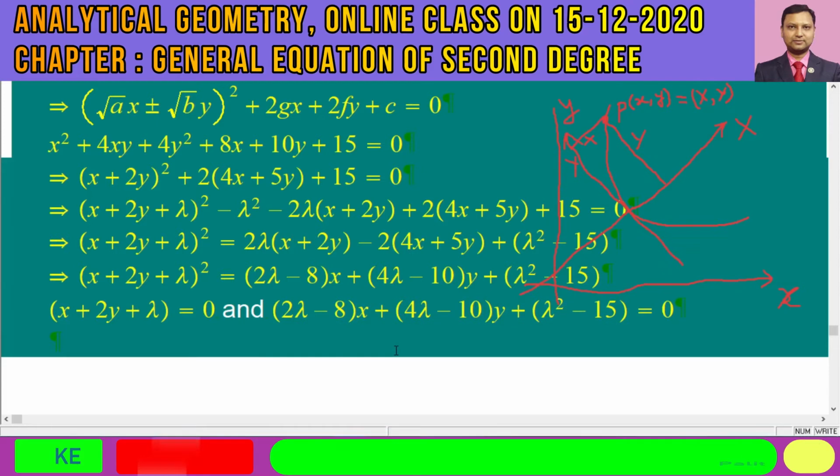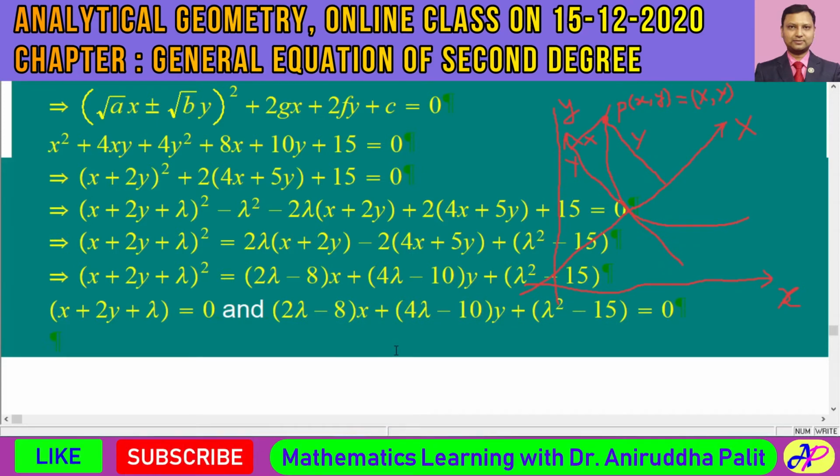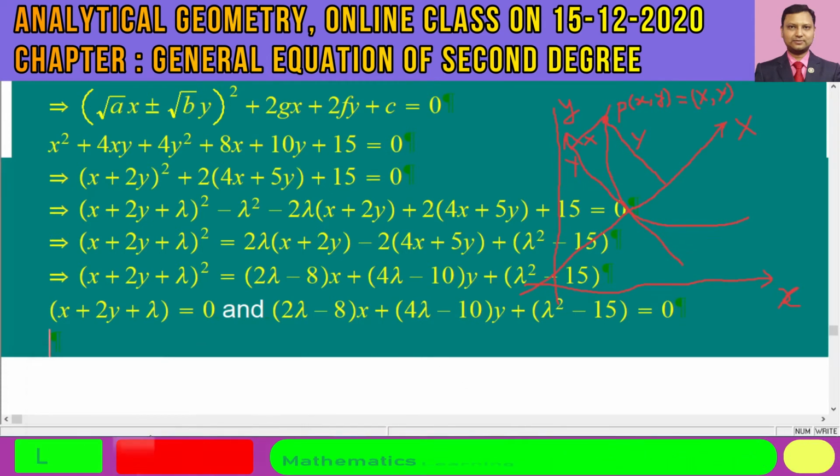And what would be the advantage? The advantage would be ultimately shown to you by a suitable example. I am just showing the rough technique over here. Okay. So let us go to that example.